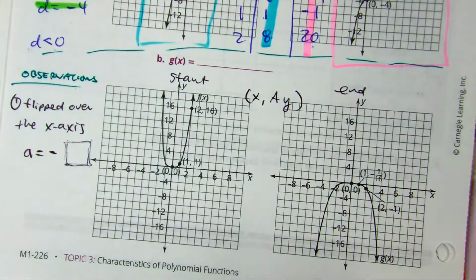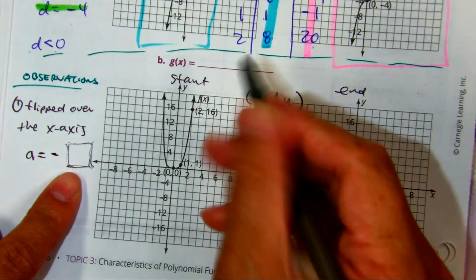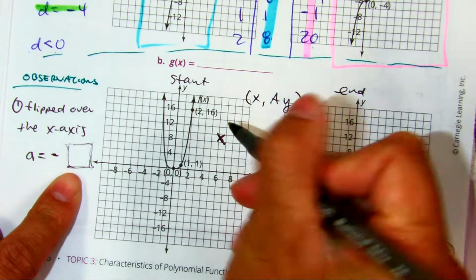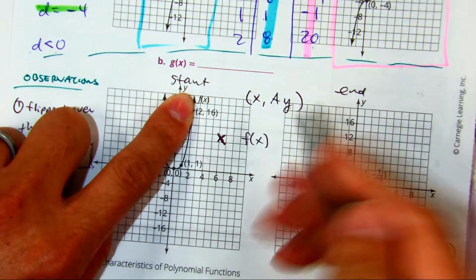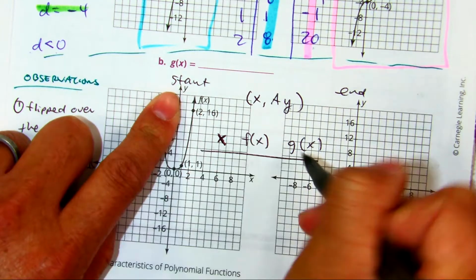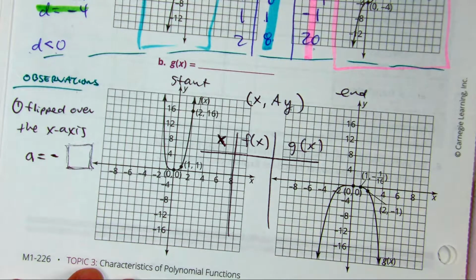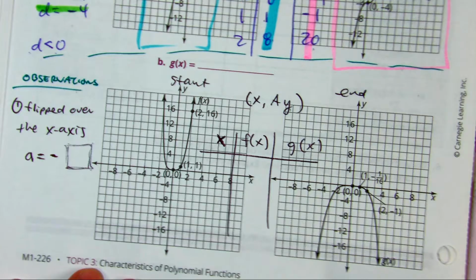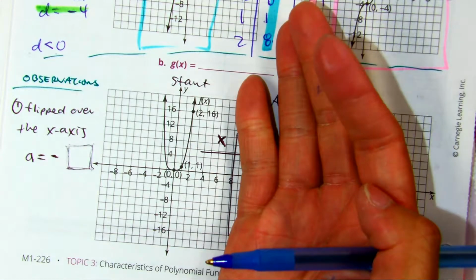Now, if I know that the A value is going to affect the Y values, I'm going to make this weird table of values. Essentially, I'm writing both the Y coordinates. Tell me all the ordered pairs on this graph over here. Jenny.